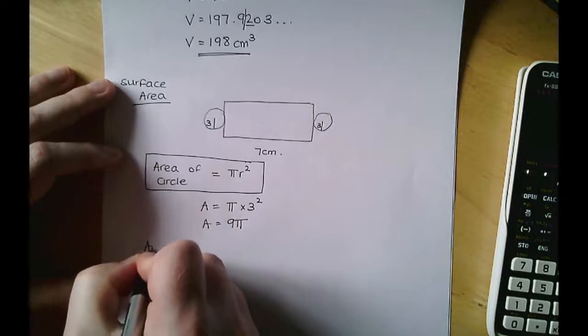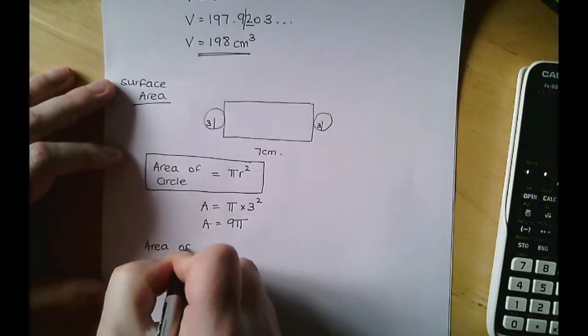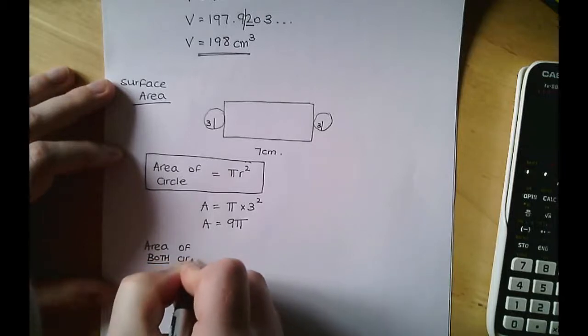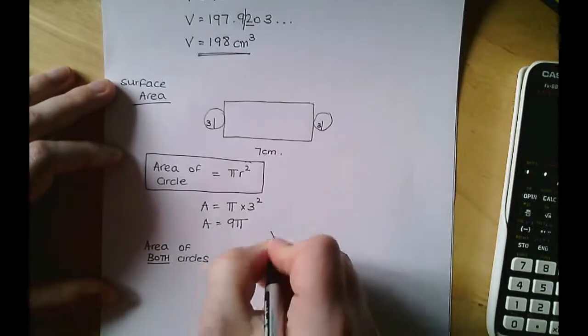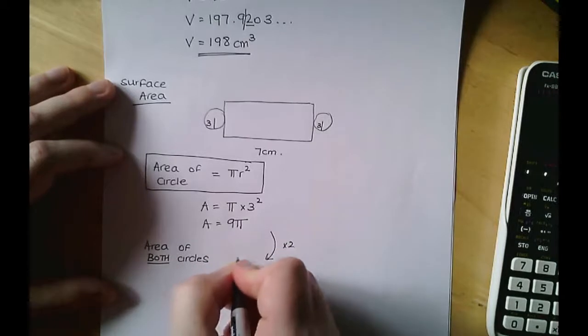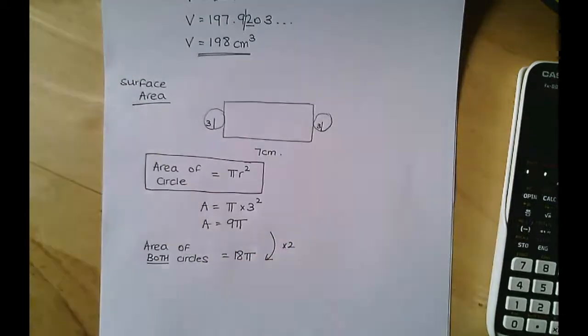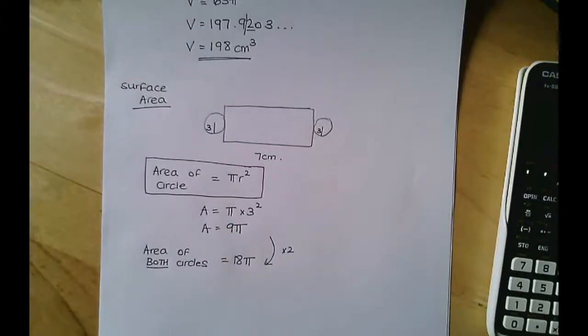For the area of both circles, I'm going to times that by 2. So that gives me 18 pi. I'm not going to give that as a decimal yet.